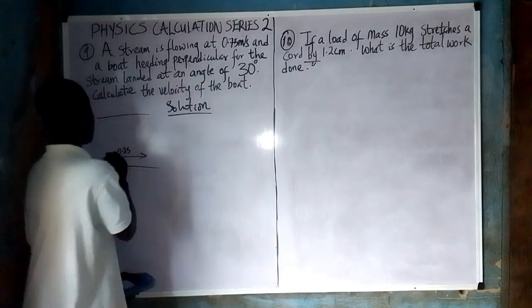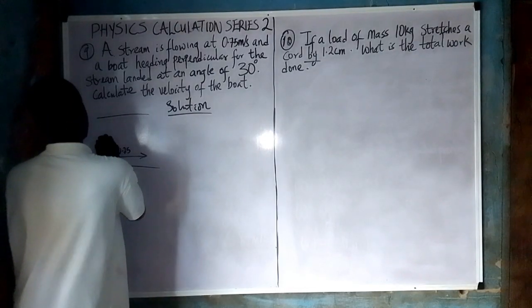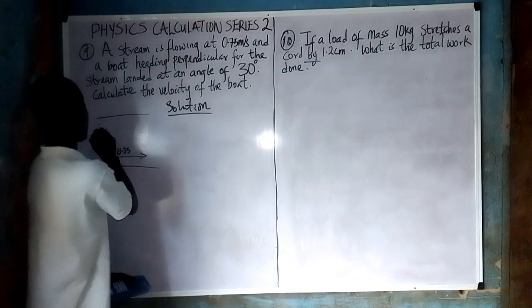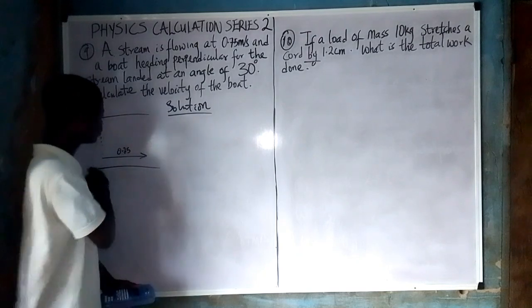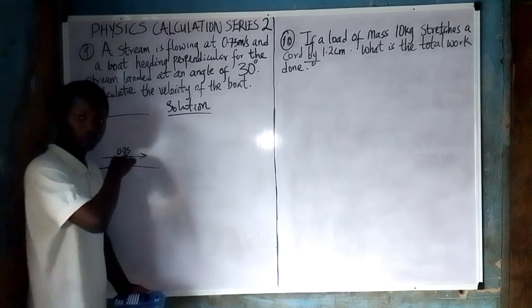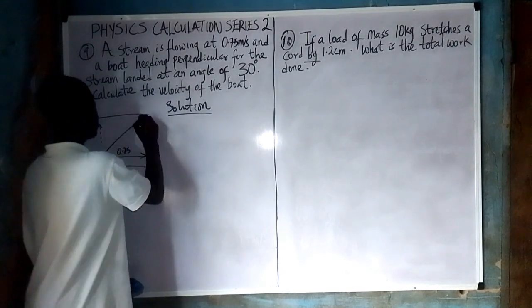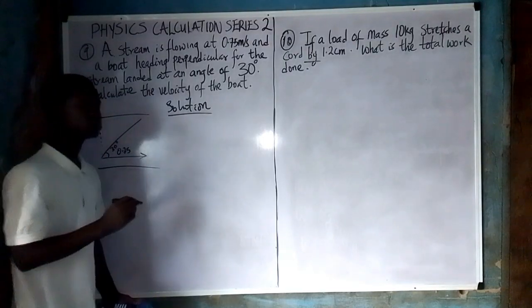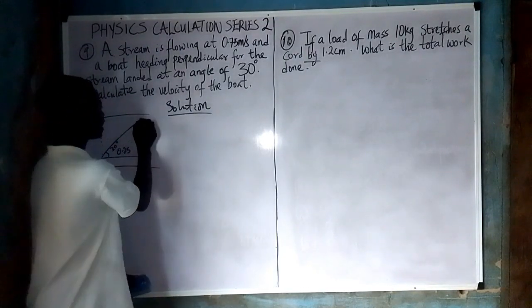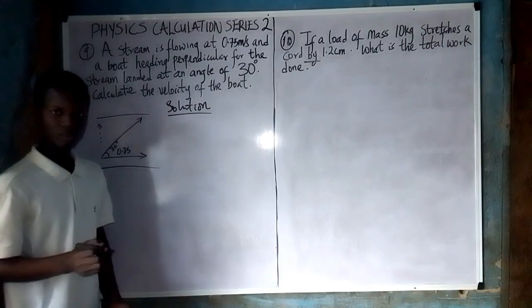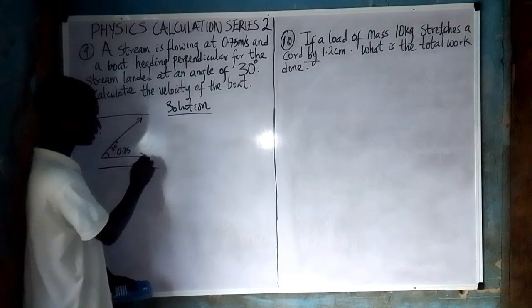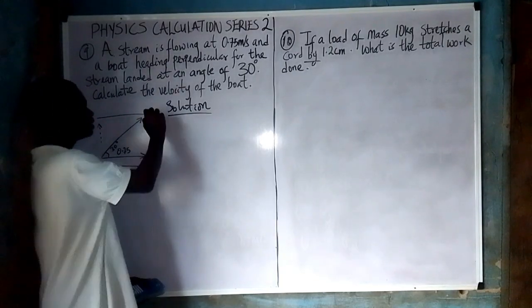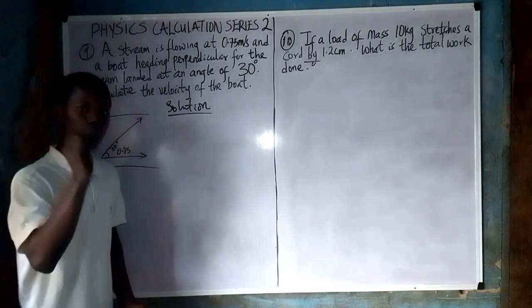Now, the boat initially wanted to go in this direction, perpendicularly. But because of the pull of the flow of the stream, it ended up moving somewhere around there at 30 degrees. That is what the question states. So this is now the direction of the boat. So we know that this is the direction of the stream and this is the direction of the boat.